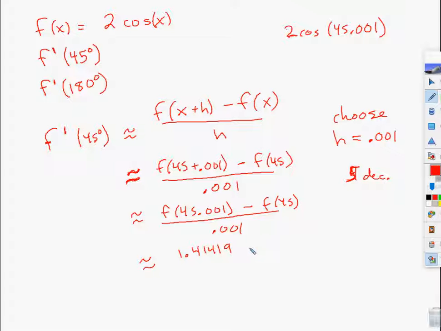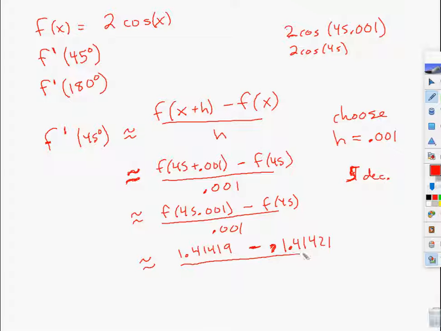Yes. Minus what's f of 45. So we want 2 cosine 45. Root 2. Did you multiply it by 2? Yeah, root 2, which is what as a decimal? 1.41421.